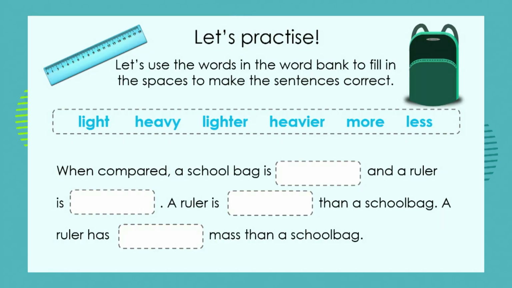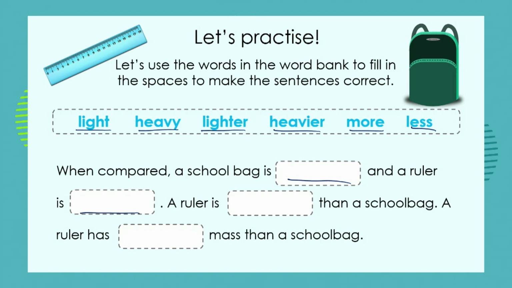Our next example is going to look at a school bag and a ruler. Our word bank has light, heavy, lighter, heavier, more, and less. So when compared, a school bag is missing word and a ruler is missing word.